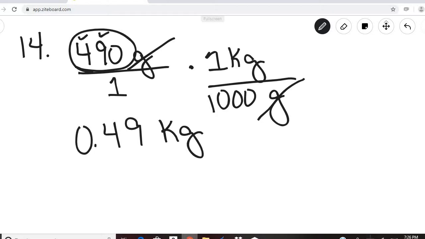The 2 non-zero numbers are significant. The 0 is not significant because it's not to the right of the decimal place. So our answer needs to be reported to 2 significant figures, and we need to make sure that we include units in our answer.